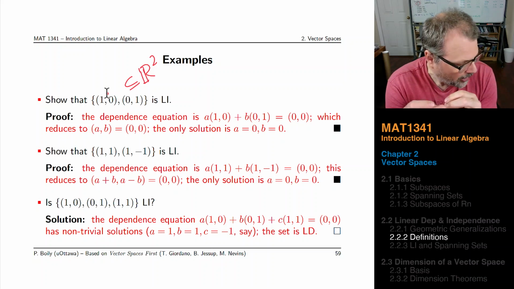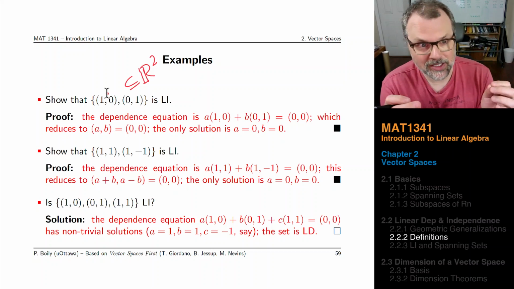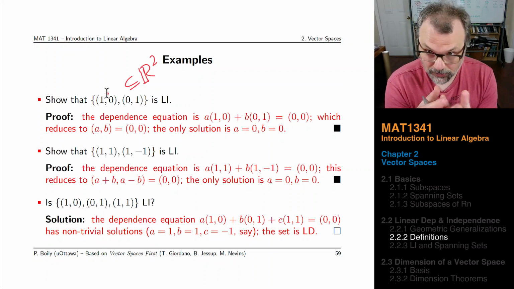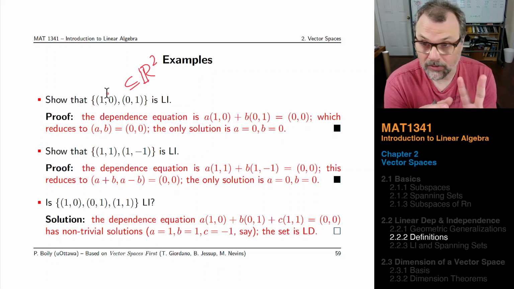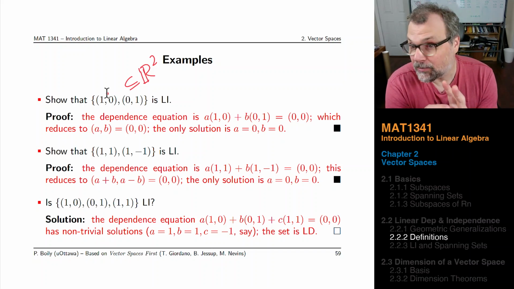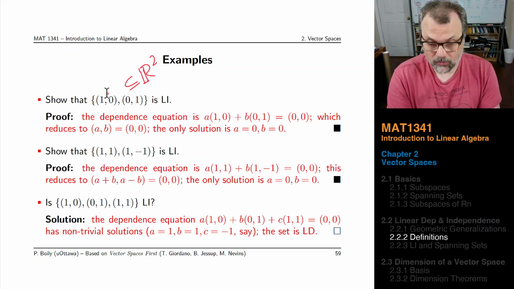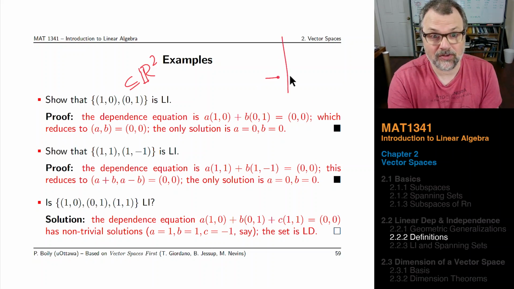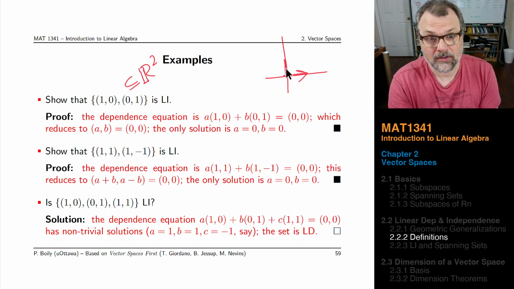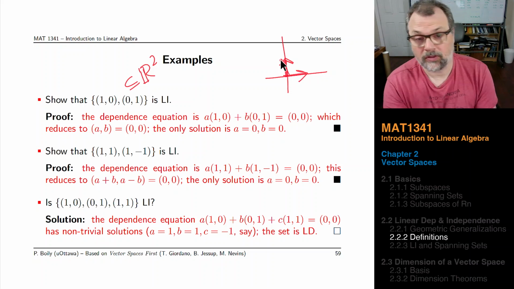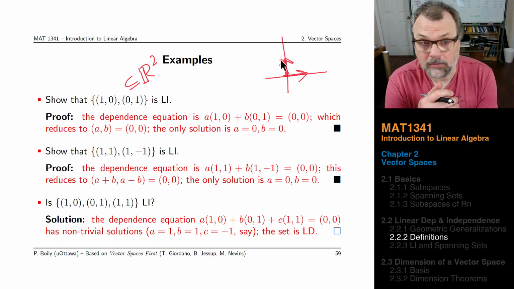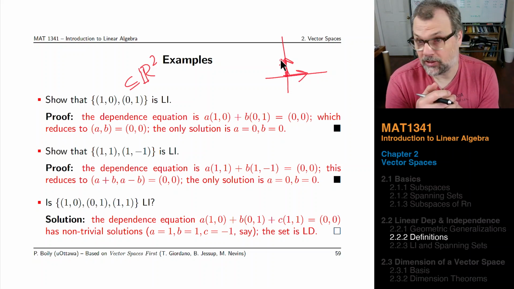Well, from our interpretation of what it means to be linearly independent, if you're just talking about two vectors, you'd need to show that they're not parallel. They're not collinear. And sure enough, (1, 0) and (0, 1) as vectors in R2, they're orthogonal. Don't make them more non-parallel than this.